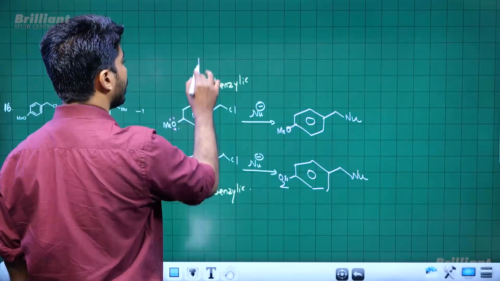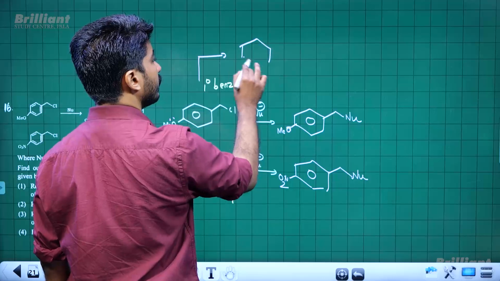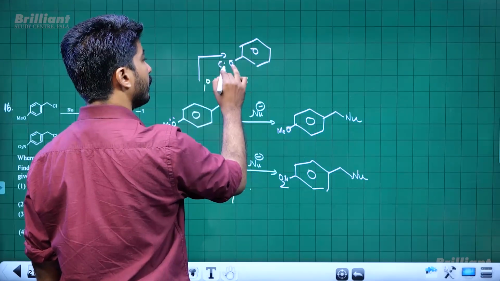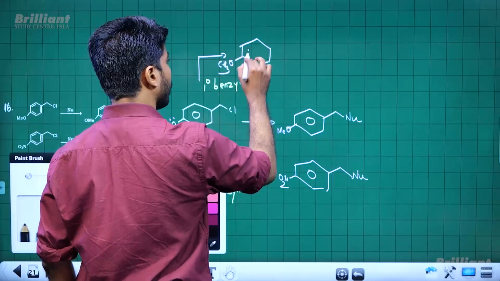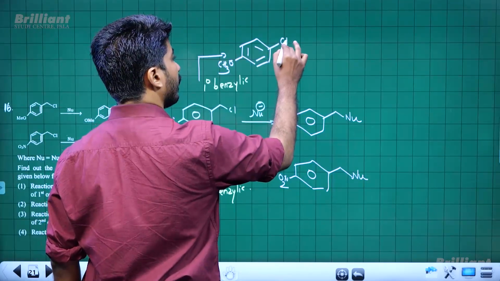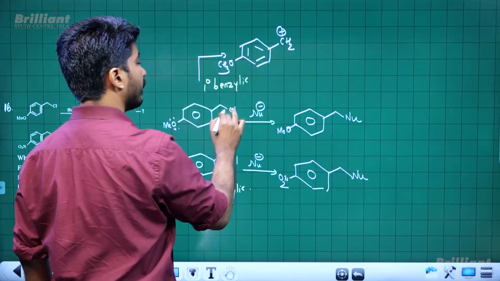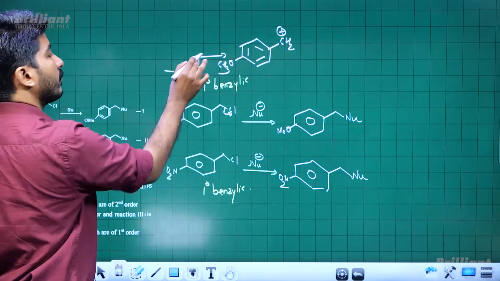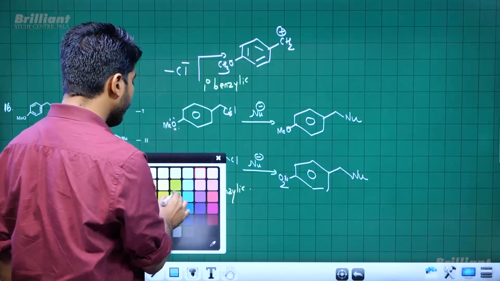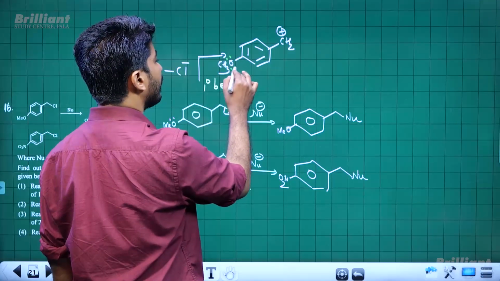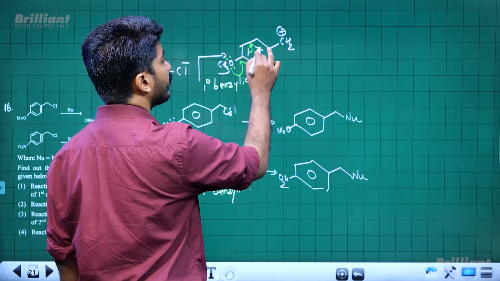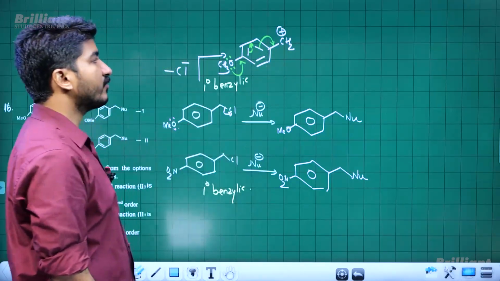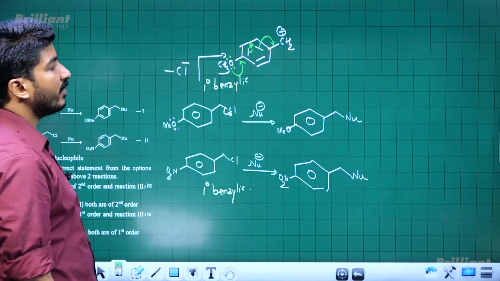Just try to draw it: OCH3, CH2 plus, removing the Cl. This carbocation will be highly stable due to the plus R effect of the OMe group. OMe is placed at the para position, which highly stabilizes that primary benzylic carbocation.